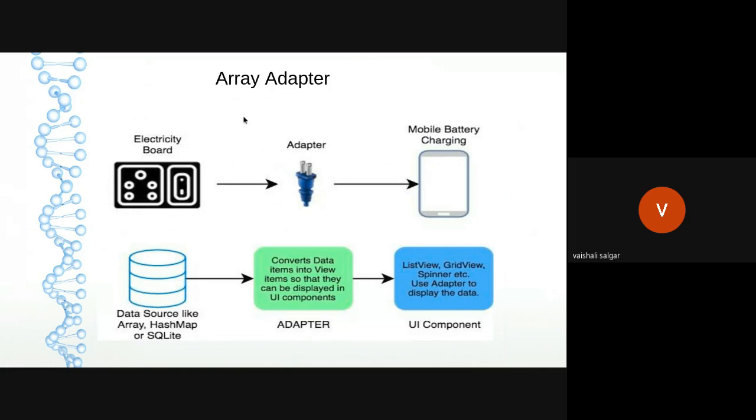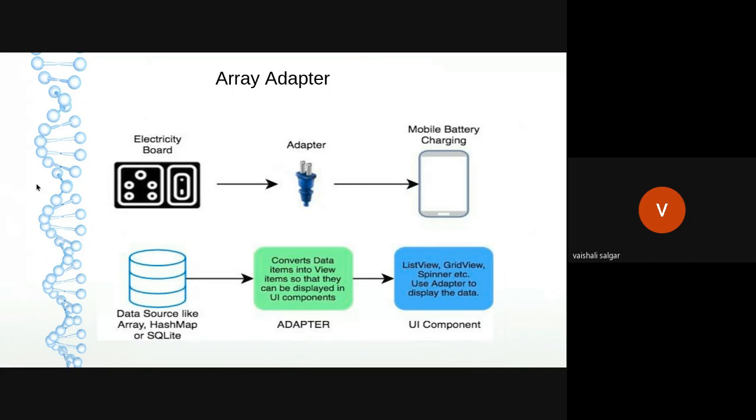ArrayAdapter. As the name indicates, an adapter is nothing but just like a bridge between your UI, that is your mobile phone, and your actual database. So it will be linking your application with your design.